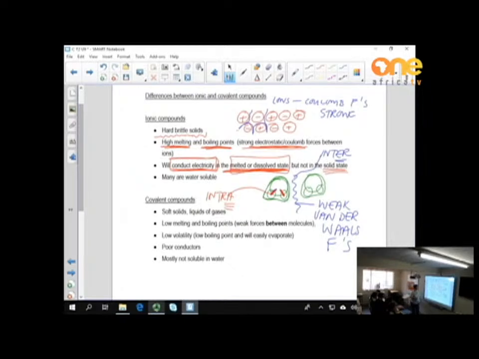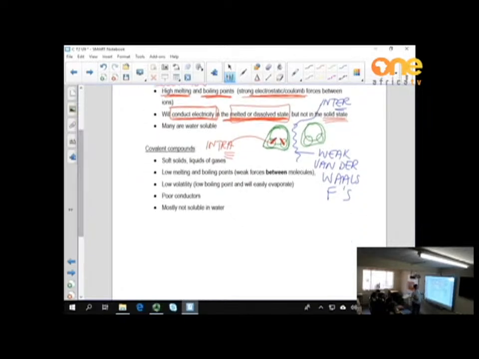Covalent compounds. Remember, the forces between the particles are weak. So if they are solids, they will be soft. Mothballs, for example, are molecular solids. What happens to mothballs if I leave them on the shelf, open outside of the packet?